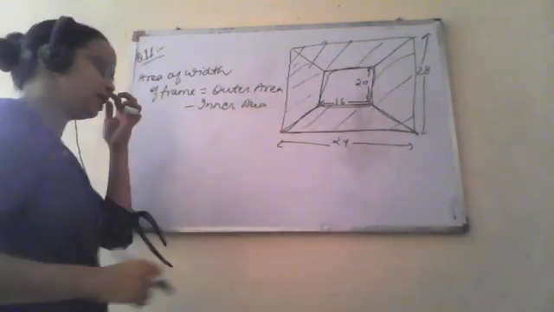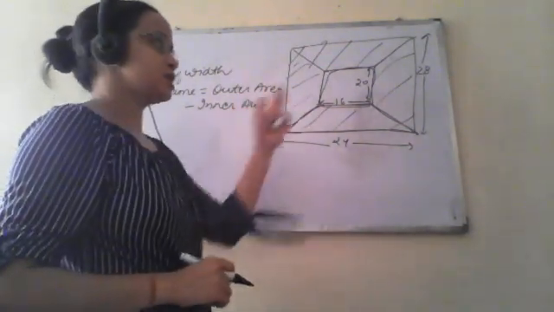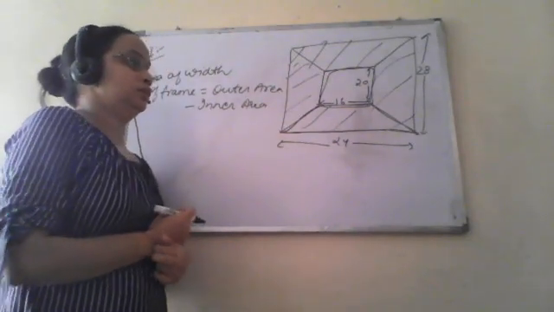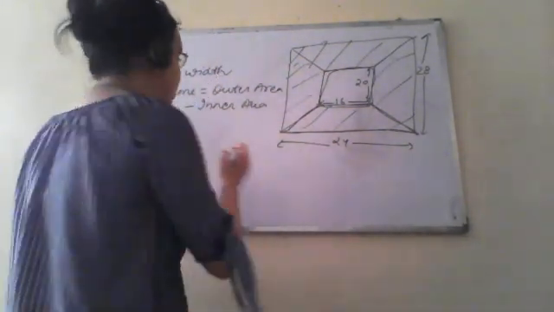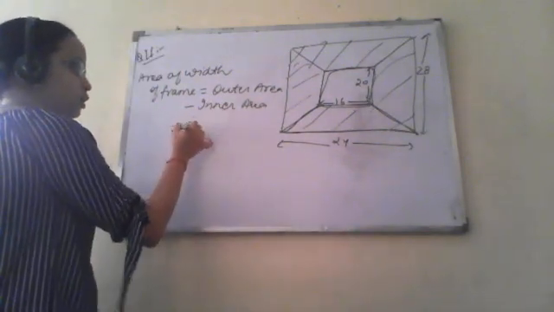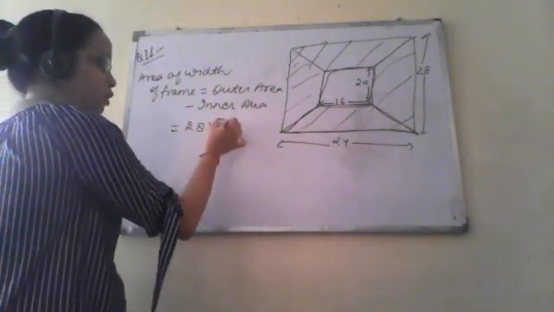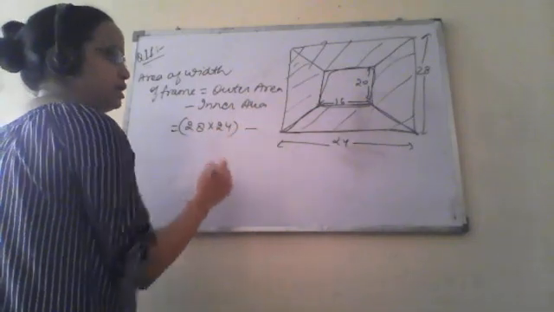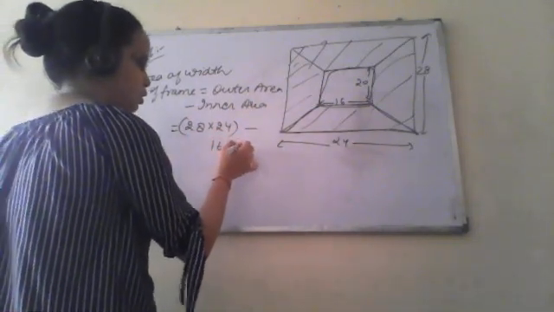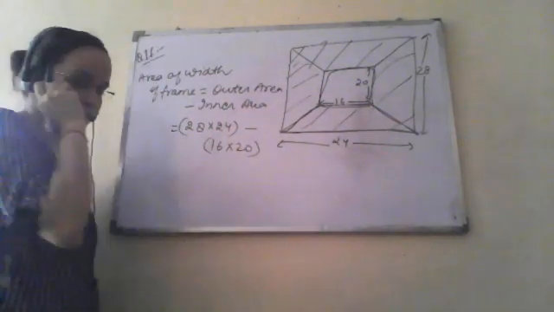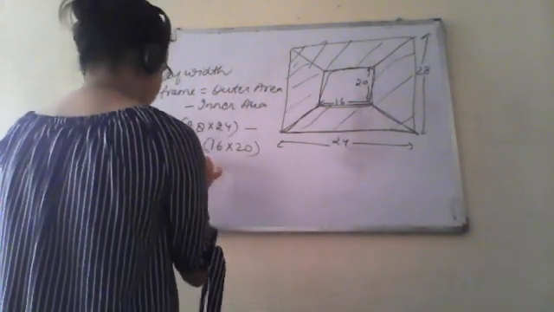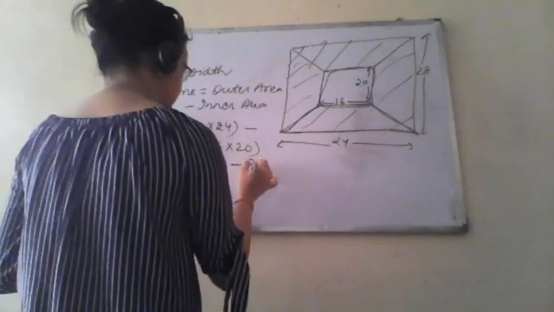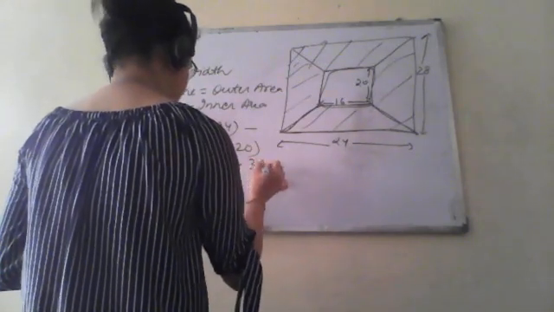Outer area and inner area, these both are what? These are both the shape of a rectangle. So outer area will be 28 into 24 minus inner area 16 into 20. Fine. So it comes out to be 672 minus 320.